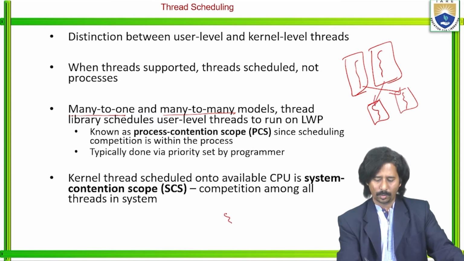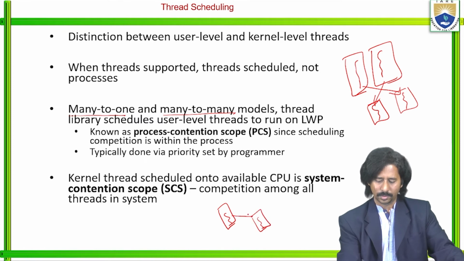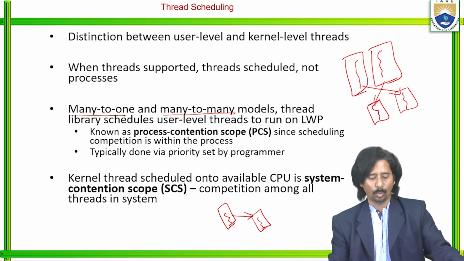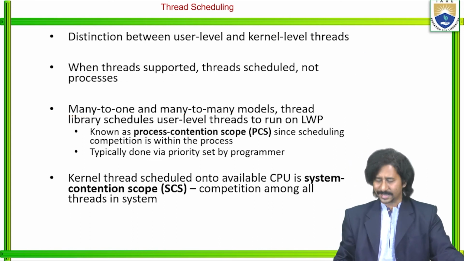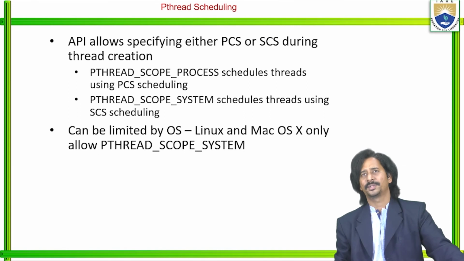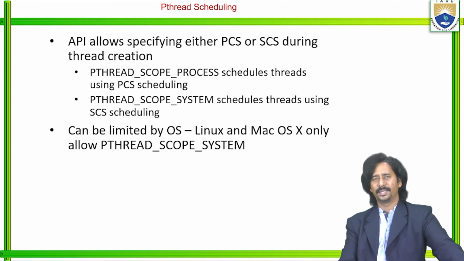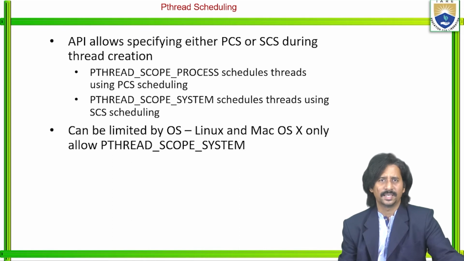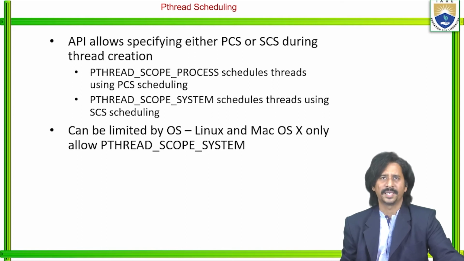So this is a one to one mapping. Similarly, many to one, right? Basically this thread scheduling is done using Pthreads as well as Win32 threads as well as the Java virtual machine threads.